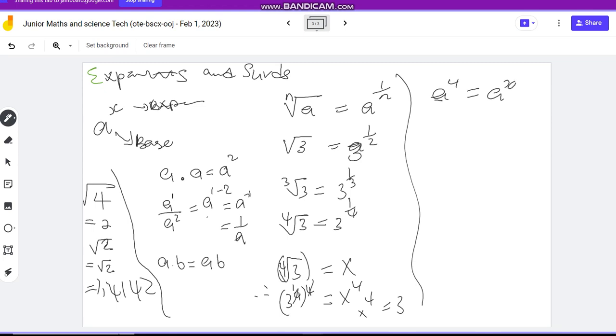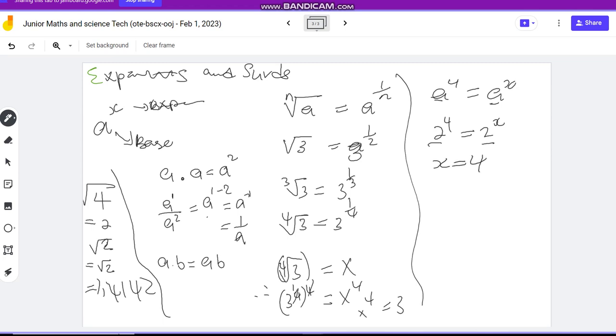Now the bases here are the same. Let me use numbers because you're going to come across numbers in most cases. Let's say you have 2 to the power of 4 is equal to 2 to the power of x. Now the bases here are the same. It means, because here we are talking about equations, you'll say x is equal to 4.